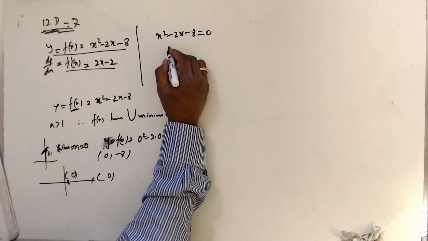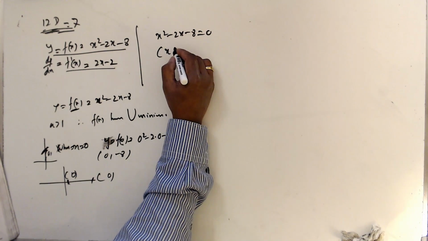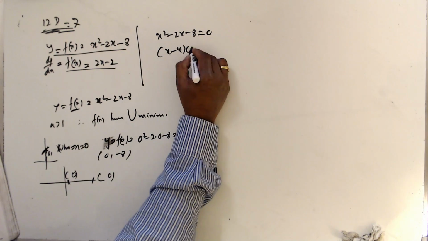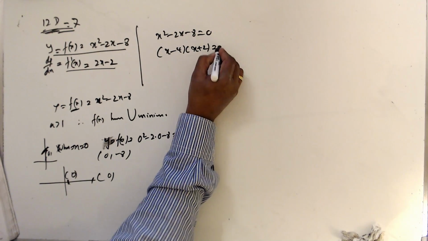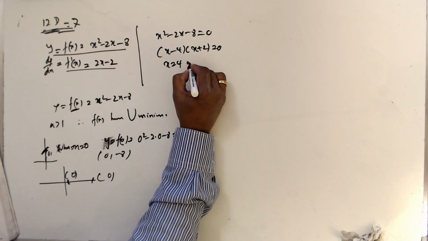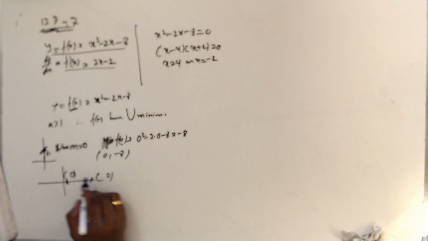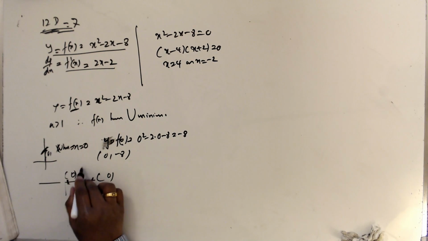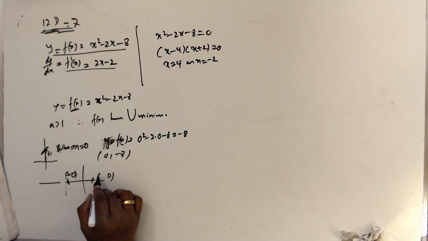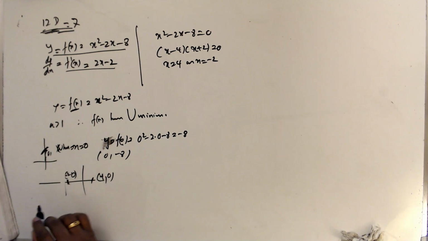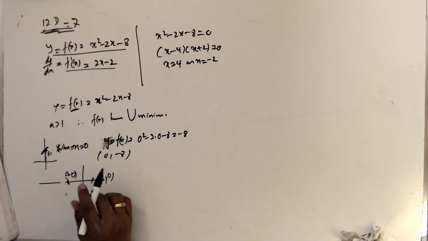Now we have to factorize this one: (x minus 4)(x plus 2) equals 0. x equal 4 or x equal minus 2. So one point is (minus 2, 0) and the other point is (4, 0).